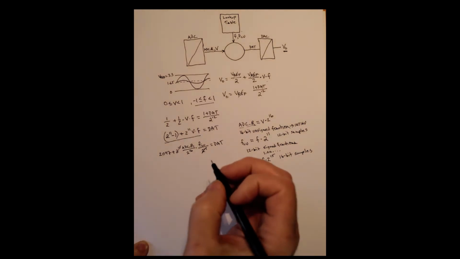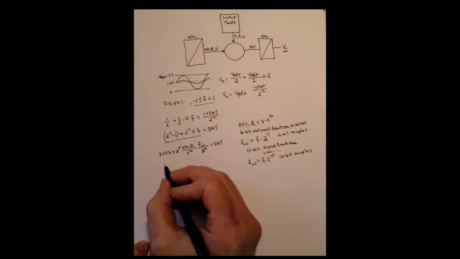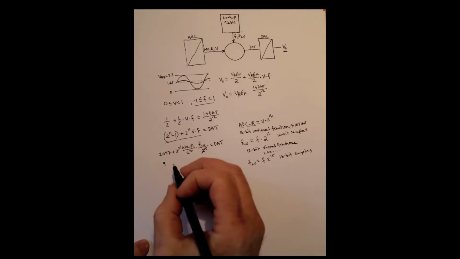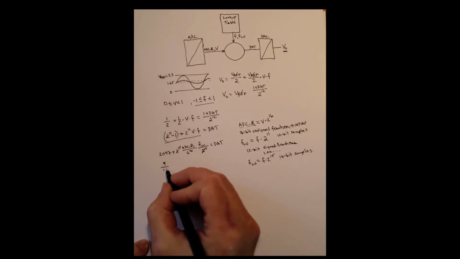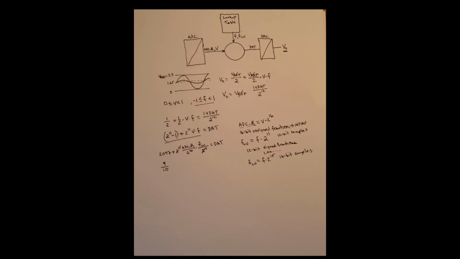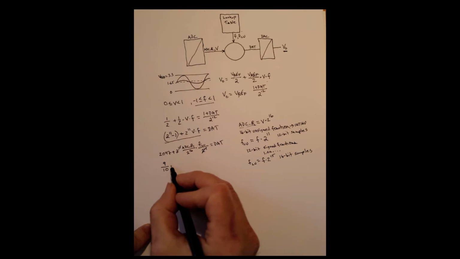Well, what if we did something like this? If we took 9 and we wanted to divide it by 10, what if we did this in C with fixed point numbers? What would we get?